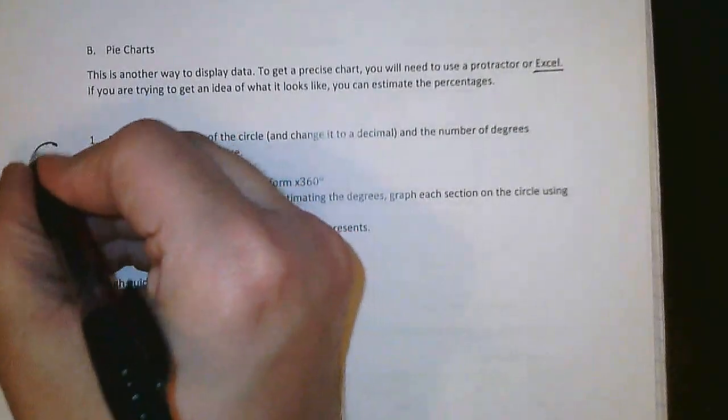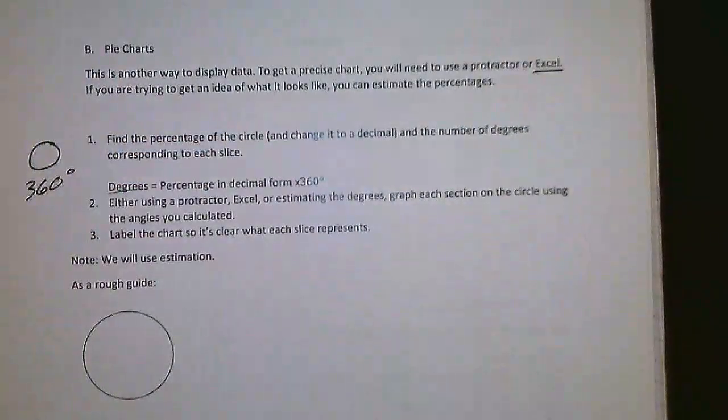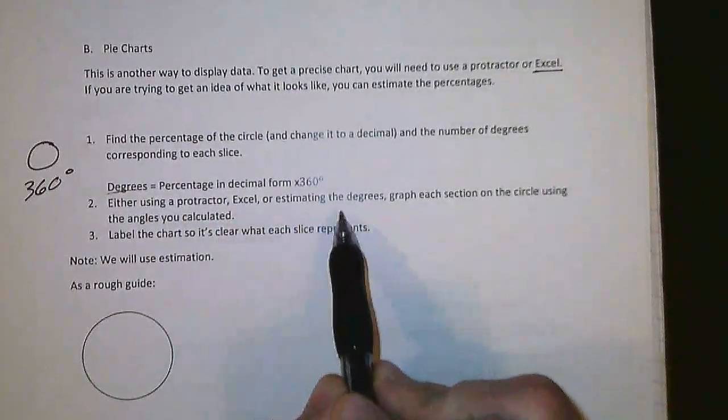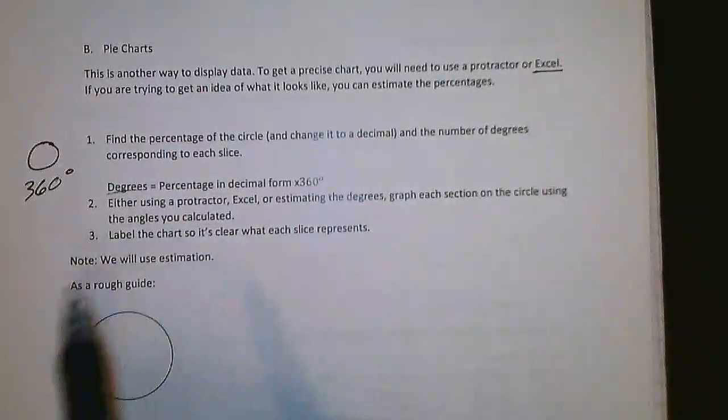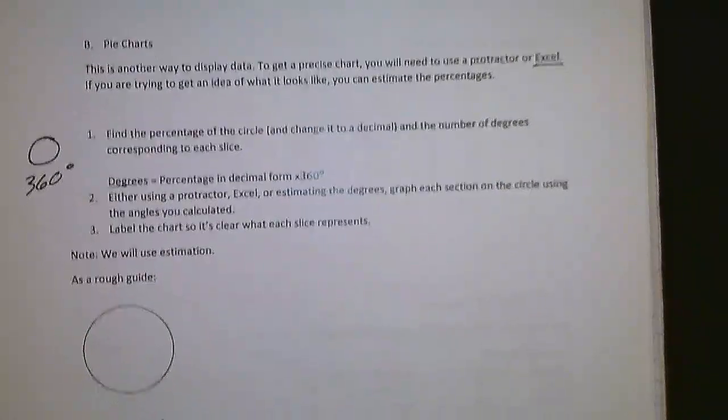So real quick, there are 360 degrees in a circle. We will either use a protractor or Excel or estimate the degrees, and graph each section on the circle using the angles that we calculated. Label the chart so that it is clear what each slice represents.